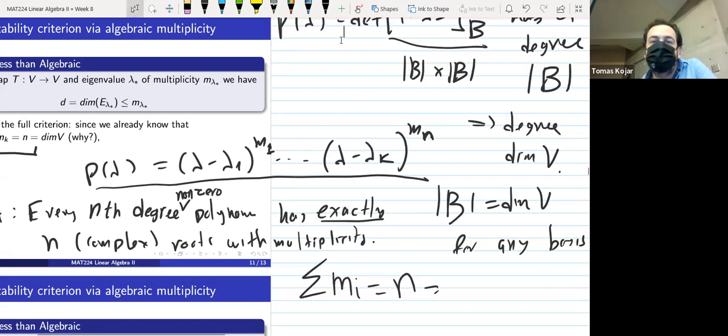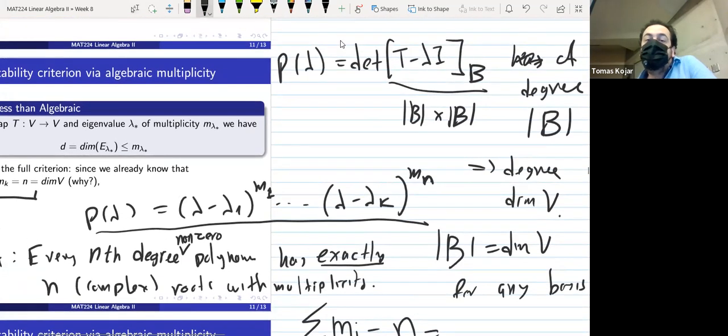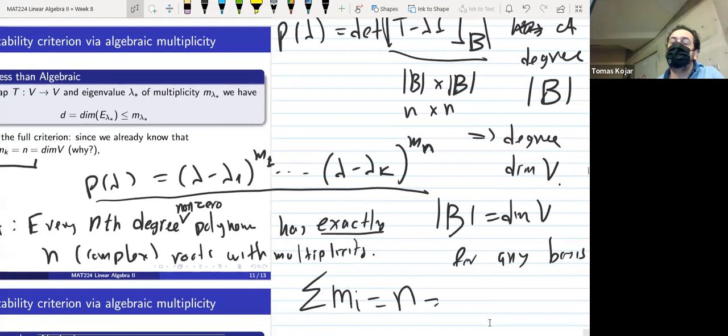The characteristic polynomial, by definition, is written in terms of a basis, so this is the n by n. But we proved a couple of weeks ago that the cardinality of the basis is an invariant, so it's always equal to the dimension.